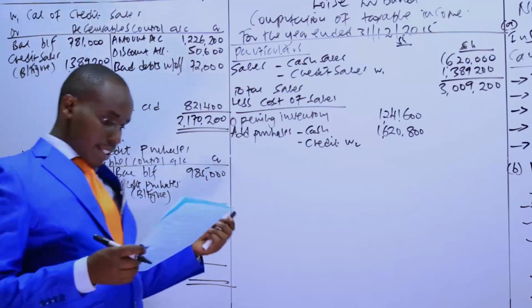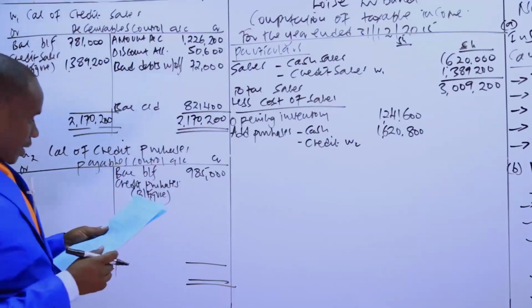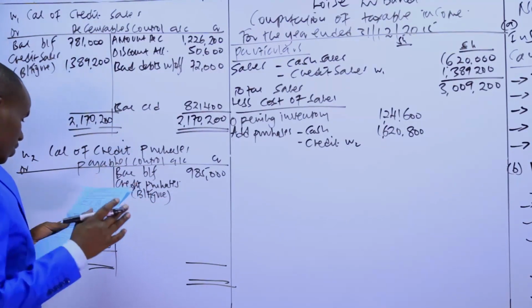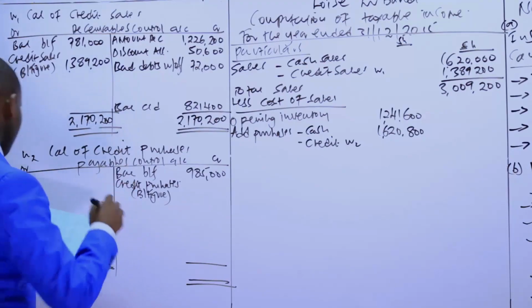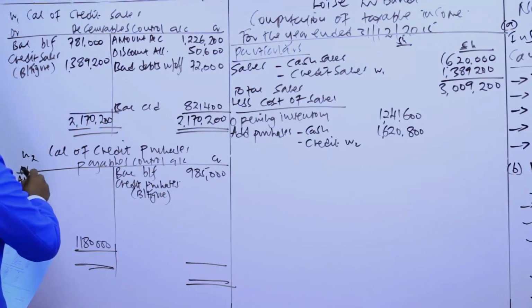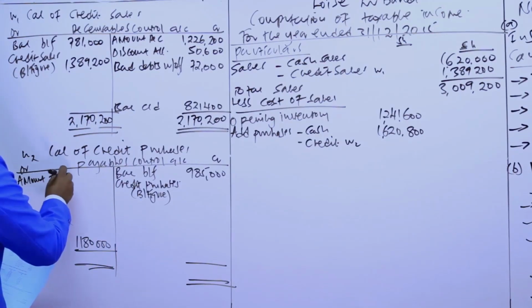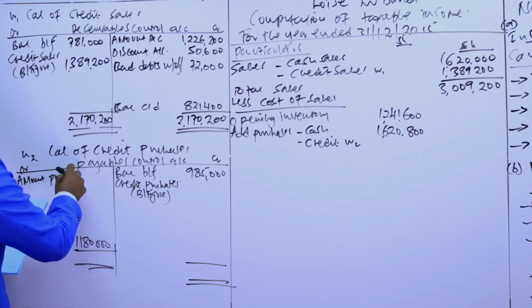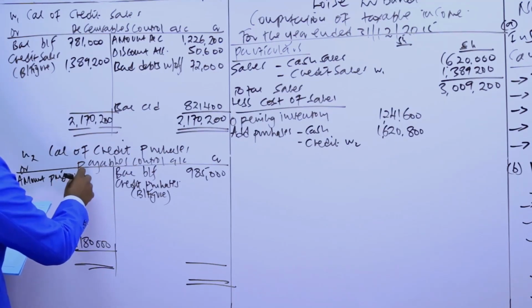Let's put any other item that affects the creditors. In the cash transactions, we have payment to creditors, the amount paid: 1,005,200.